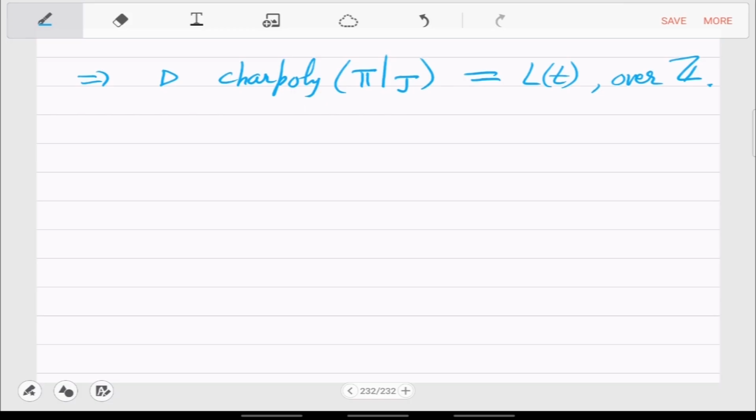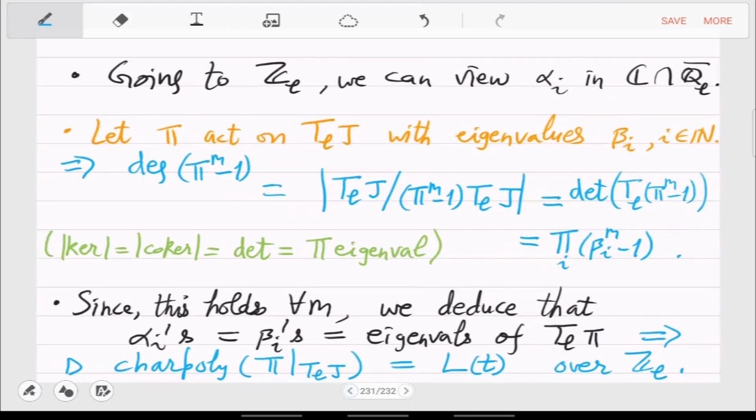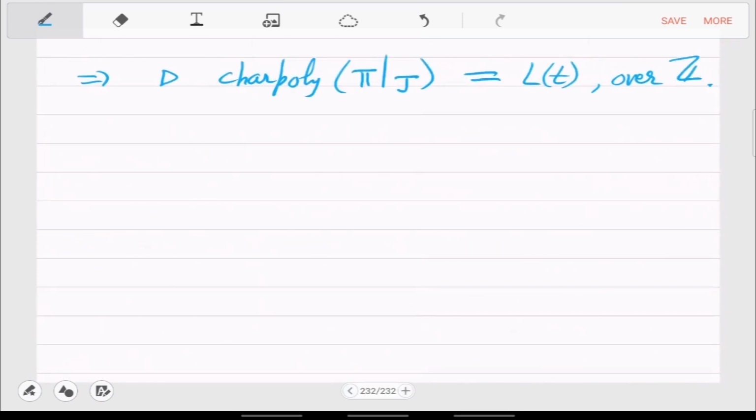So that's it, right? So this is the cohomological interpretation of the Frobenius: Frobenius on the Jacobian has characteristic polynomial L_T.